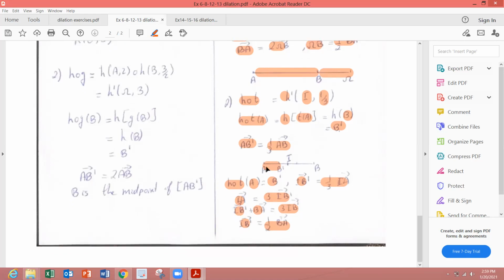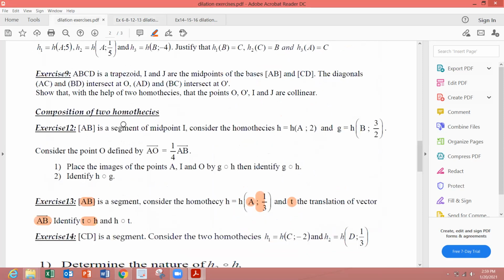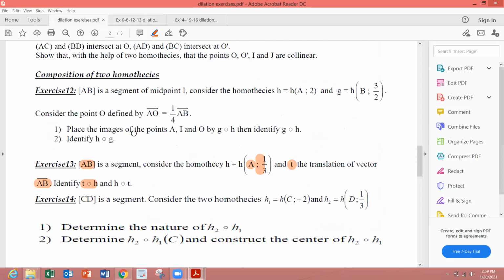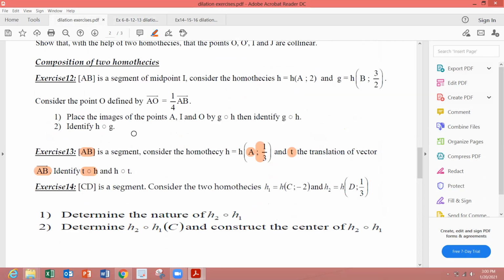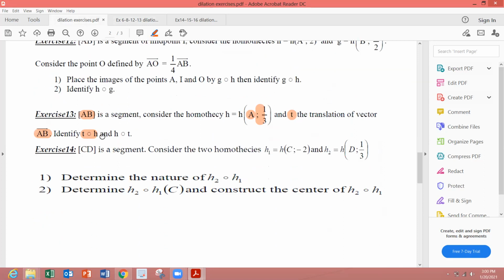Now we start with exercise 14. Also, it is the composite of two dilations. CD is a segment. Consider the two homotheses.